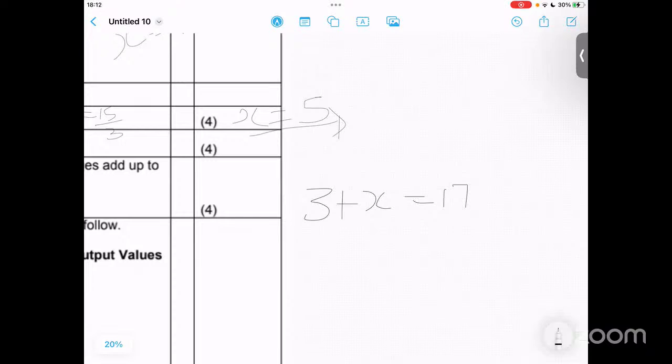Because, ma'am, we don't know the other girl's age, but we know that Asia is 3 years older than her. Okay, cool. Continue, it's okay. And you're saying we could move the 3 to the other side, so I think you mean 17 minus 3. That means our x equal to what? 14. Yes, ma'am. Okay, cool.